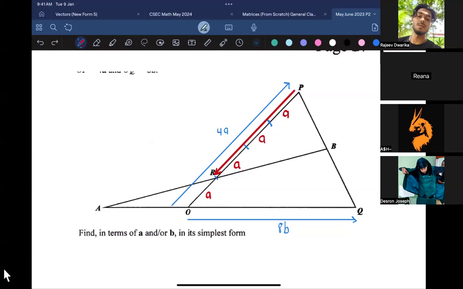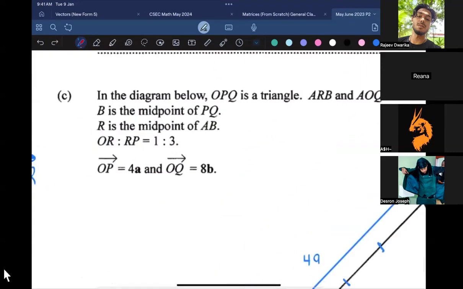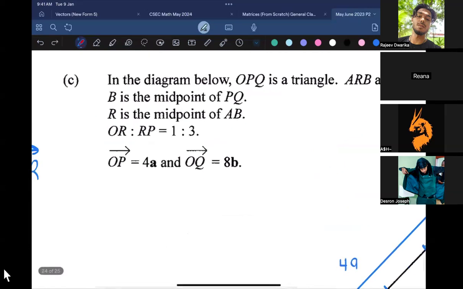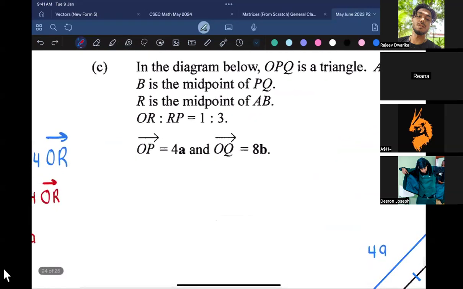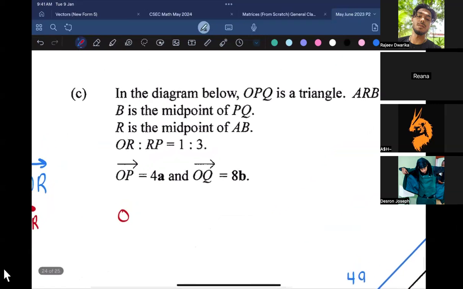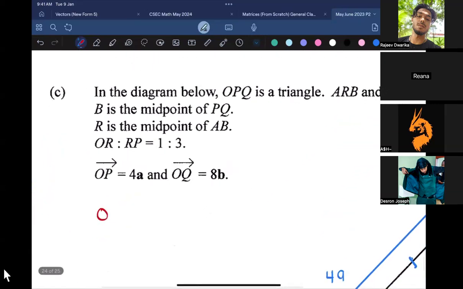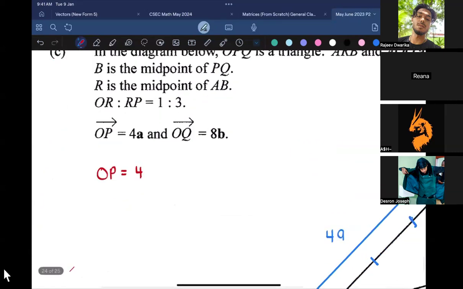Another way you can think about it: you see how O to R to P is 1 to 3? O to P is equal to 4 parts. That means O to R would be a quarter of the whole thing, and R to P would be 3/4 of the whole thing.